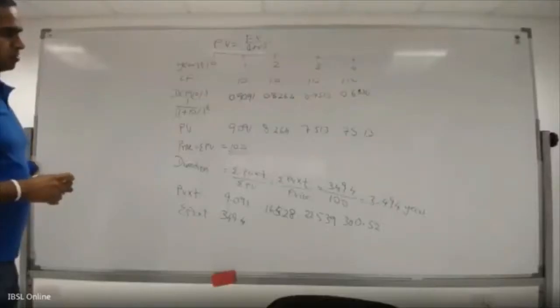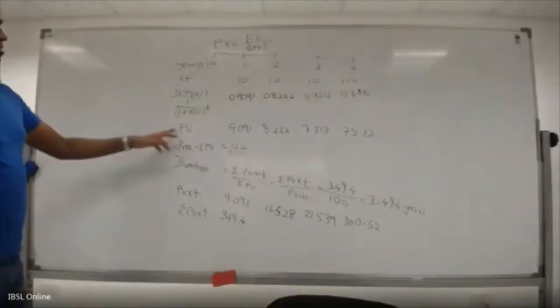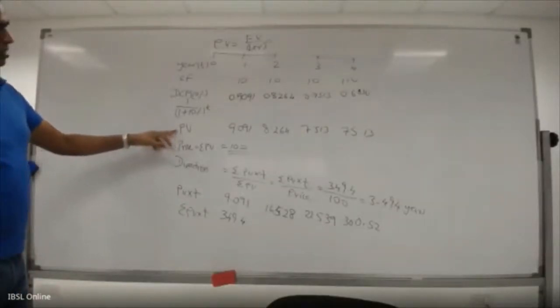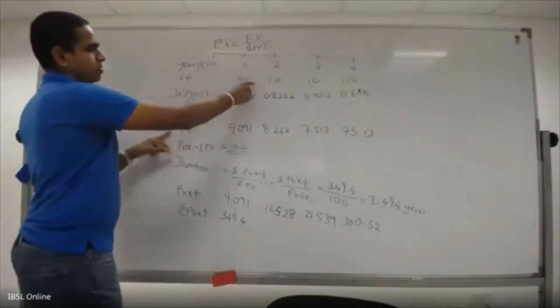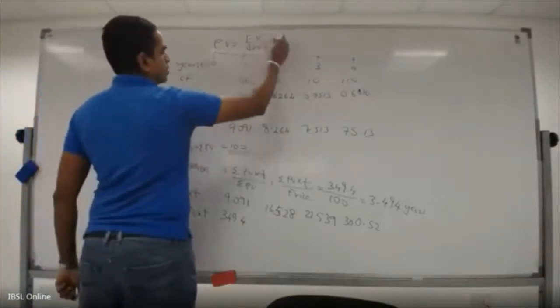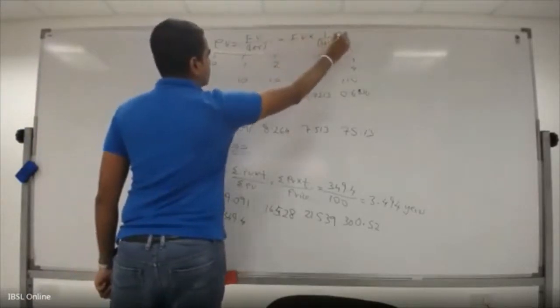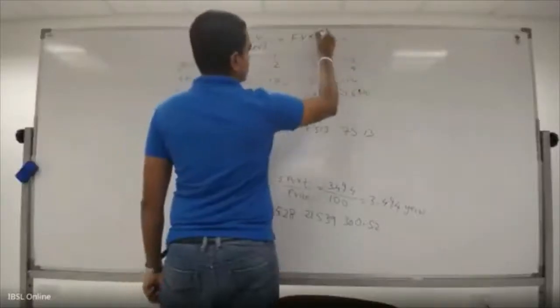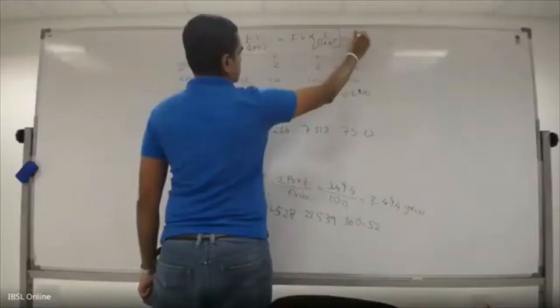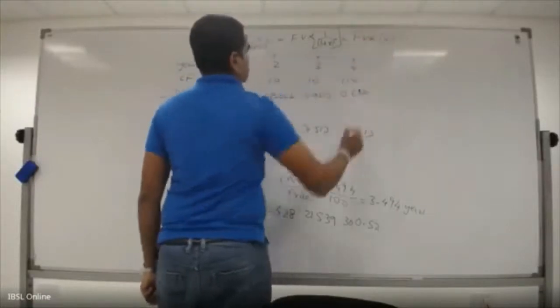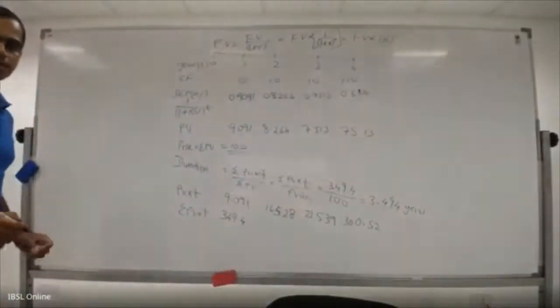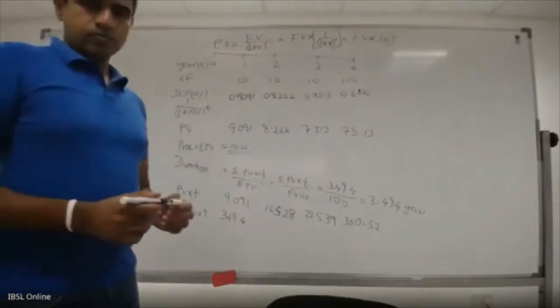Yes. Yeah, that is what we have done. See, present value is the future value into 1 over 1 plus R to the power n, which is the future value into discounting factor. That is what we have done. Same thing. Okay, so thank you.